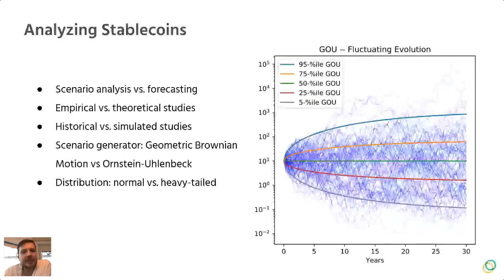Because it's relatively easy to use, you could just use the normal distribution. This normal distribution gives you a distribution that is fully defined by the mean and the variance around that mean. However, it could be that the normal distribution is not the best to describe, for example, crypto returns.